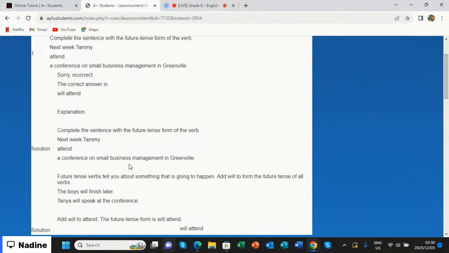And we basically just add will to form the future tense of all verbs.